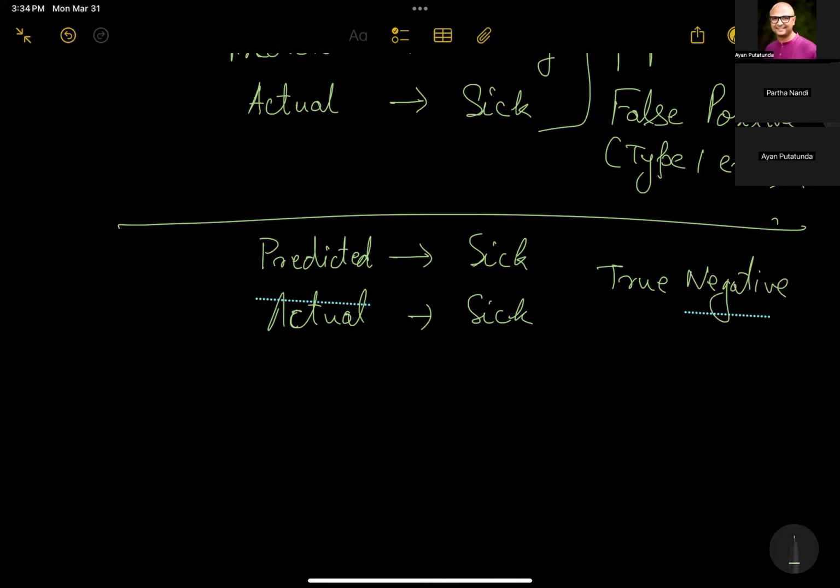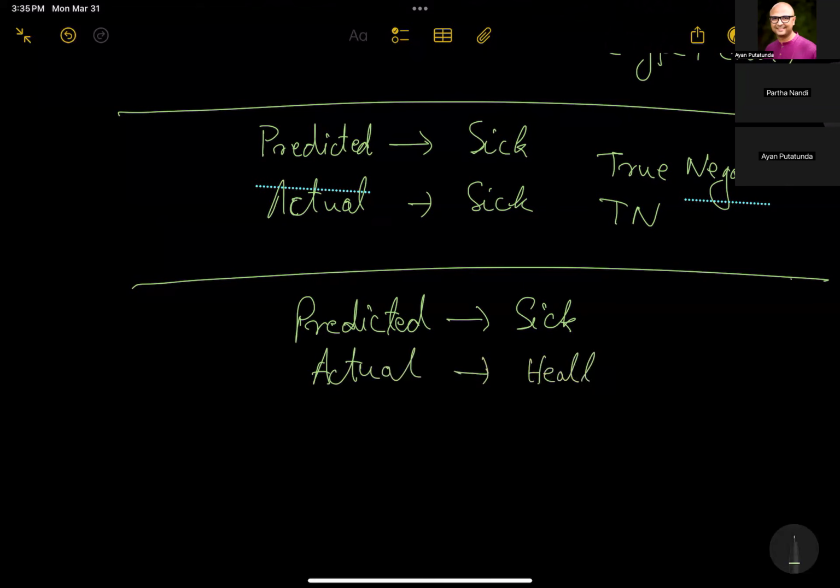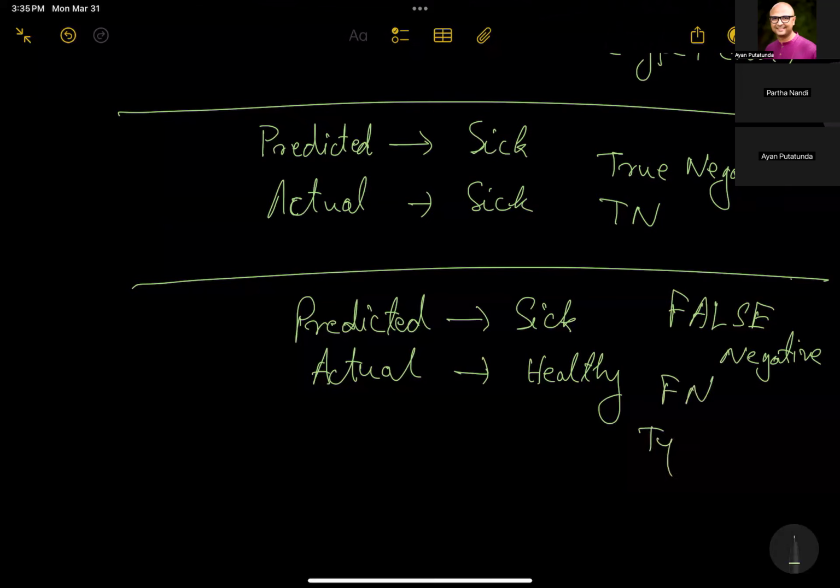TN. The only other case that is remaining is predicted is sick, and actually the person is healthy. This is called false negative, FN, or type 2 error.